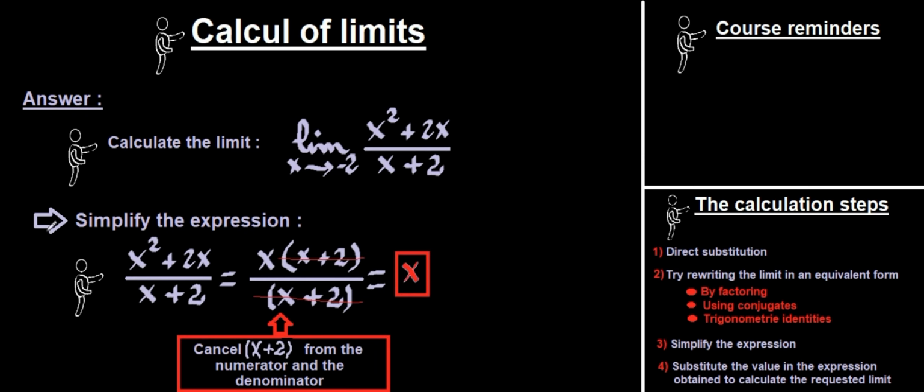Step number 3. Simplify the expression. As shown, we can cancel x plus 2 from the numerator and the denominator. So, the expression x times x plus 2 divided by x plus 2 becomes x.